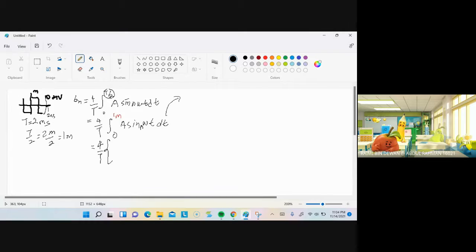When we want to integrate cos, we will get sine. So A, I need to refer again to the appendix, A over n omega naught, cos n omega naught t. This is when you integrate the sine, you get the cos.